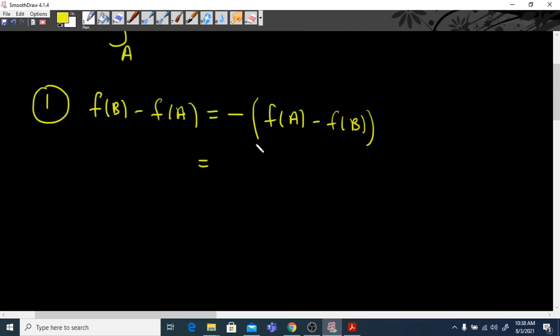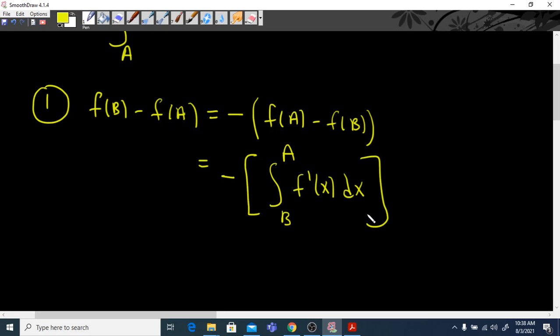Here's the thing about this. This is the negative of the integral from b to a, because think about what we're doing here.